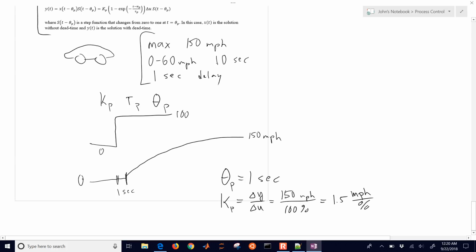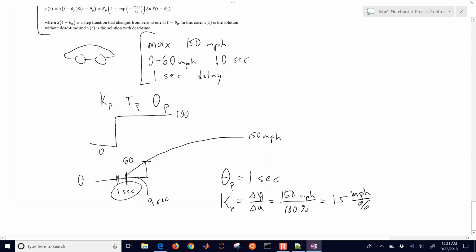And the last thing that we need is our time constant. It gets up to 60 miles an hour in 9 more seconds. So the dead time, you'd include that, but then you also have an additional 9 seconds to get up to 60 miles per hour. So what is our time constant there?